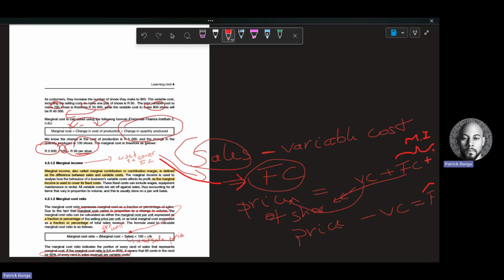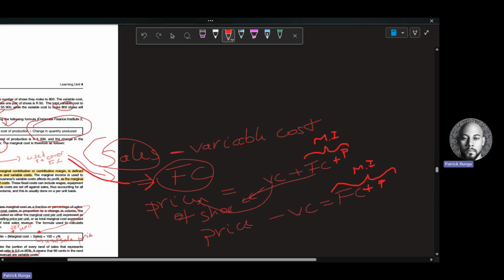That's the reason if we go to the level of a unit, not the entire total revenue, but just a single unit, if you take the variable cost out, what you're going to be left with is the marginal income. That's basically how you understand the marginal income.